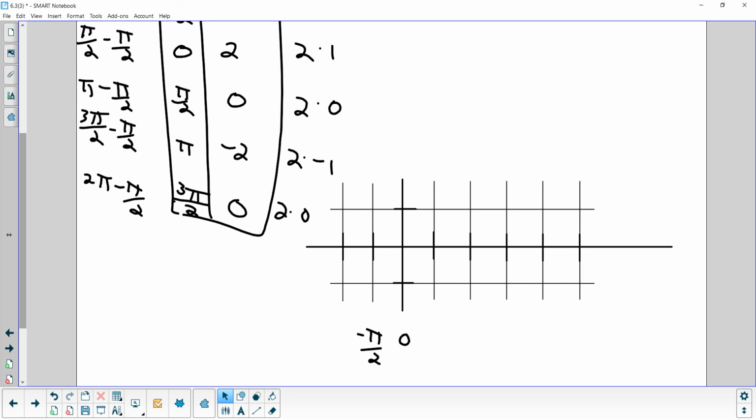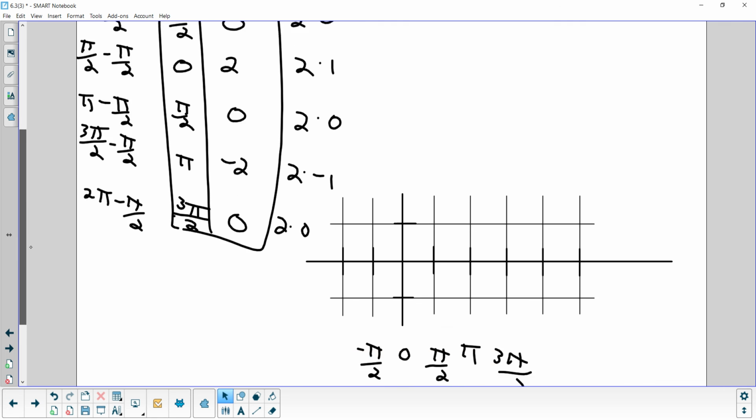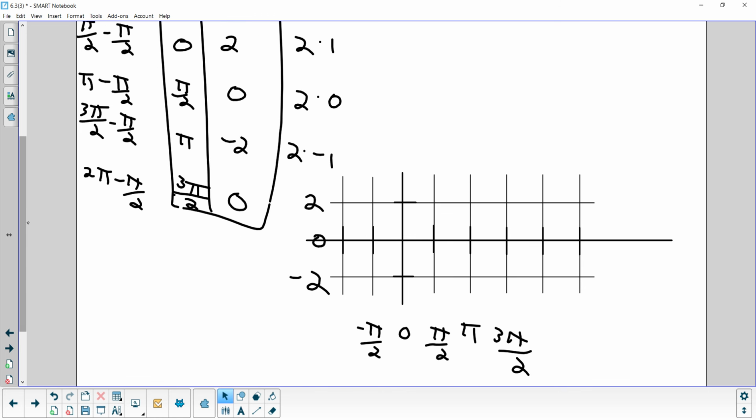There's my y-axis at 0. Pi over 2, pi, 3 pi over 2. And I'm going to go by 2's on my vertical. So let's make this 0. I'm just going to erase that so it doesn't look confusing. 2, negative 2. Right, so I just made a little grid.